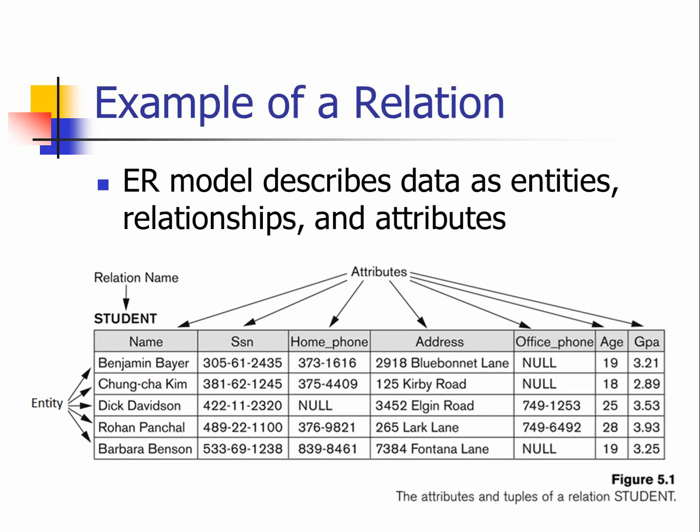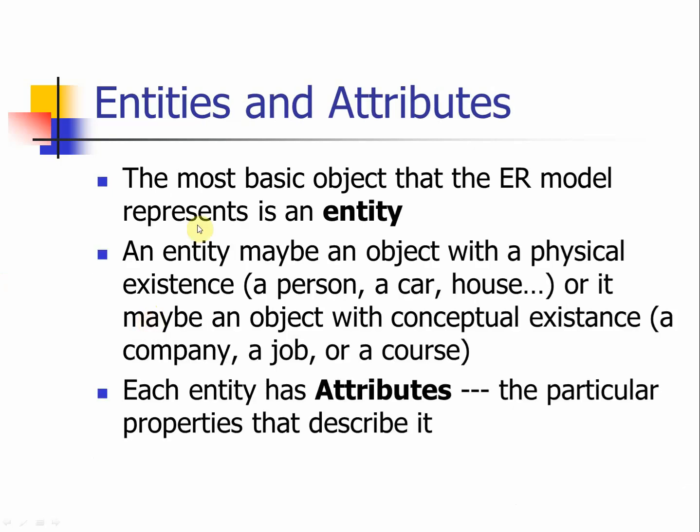So this is the basic idea of the ER model. Of course, student can be considered as one rectangular box we see in our previous slide, and each attribute can be considered as an oval, which describes the student entity. The most basic object that the ER model represents is an entity.